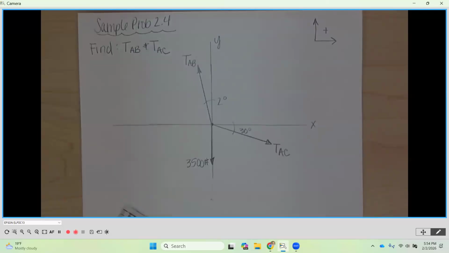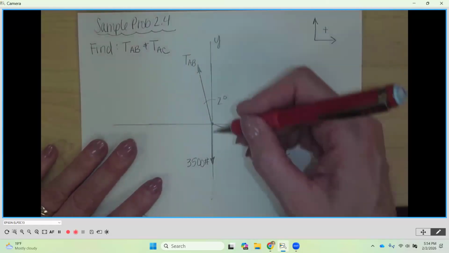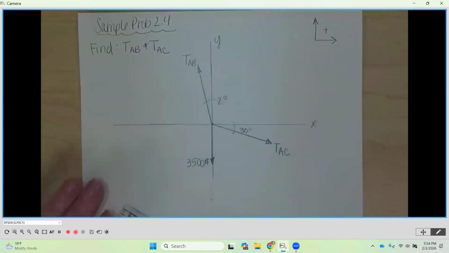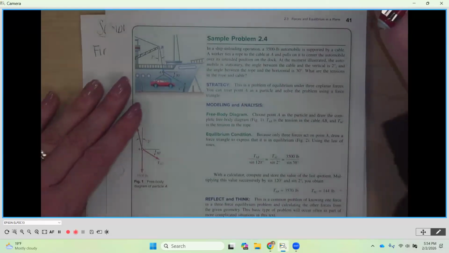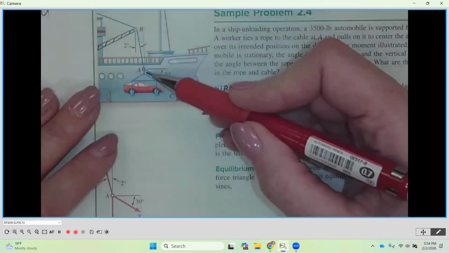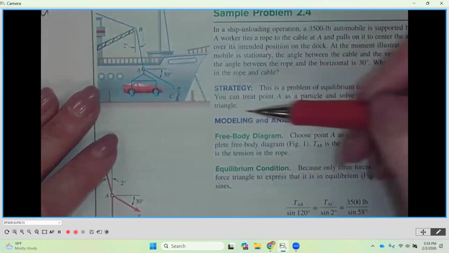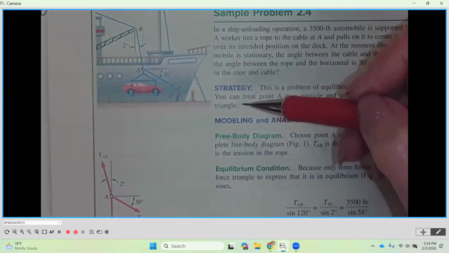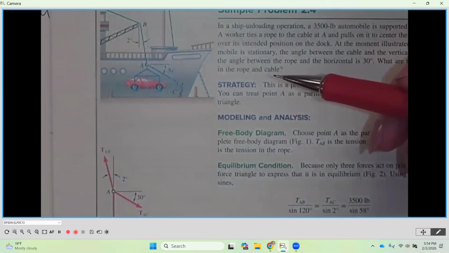All right. So it's pulling on point A, pulling on point A, and pulling on point A. So each one of these is in tension. This one also has a known magnitude because the cable that is vertical coming from A has all of the weight of that car coming off of it. So we know that one to be 3,500 pounds because it said that the car weighed 3,500 pounds.